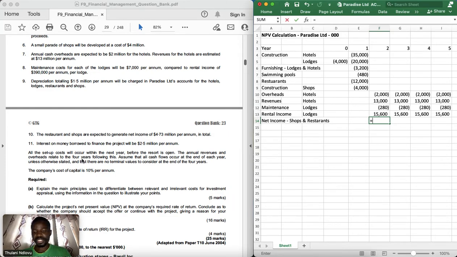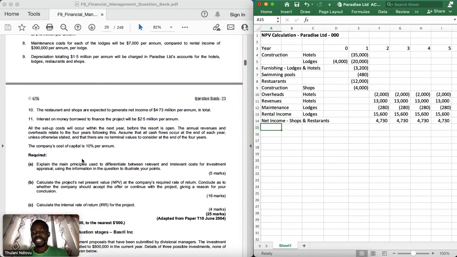Which is 4.73, which is 4730 per annum. Then let's go to number 11. Interest on money borrowed to finance the project will be 2.5 million per annum.